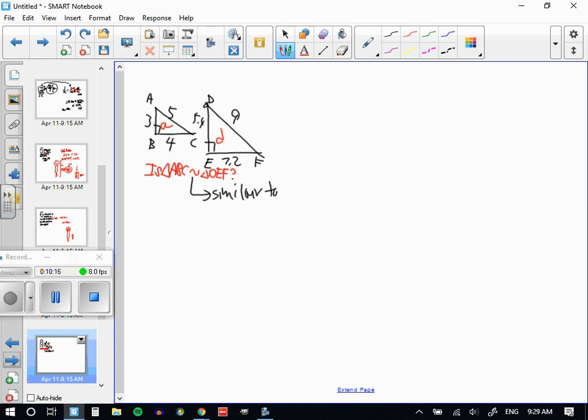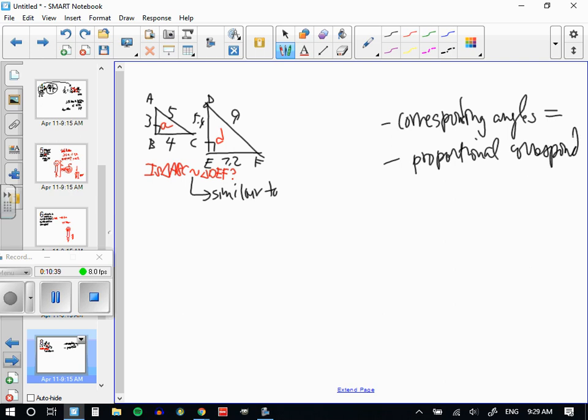The first thing they have is corresponding angles, angles that are equal, which is not important for this question. And the second thing they will have is proportional corresponding sides. I'm aware my handwriting is messy.